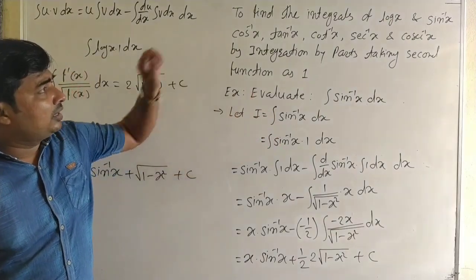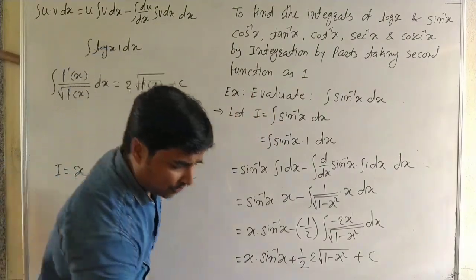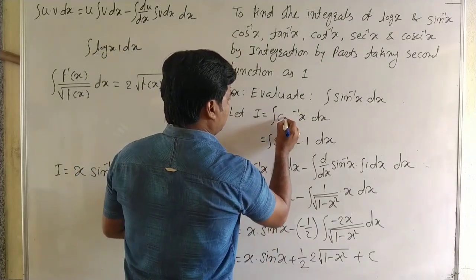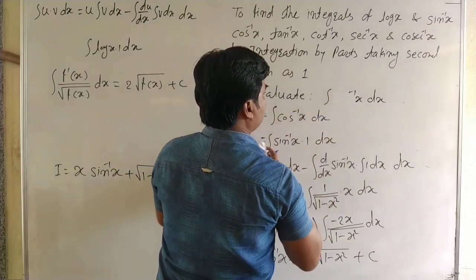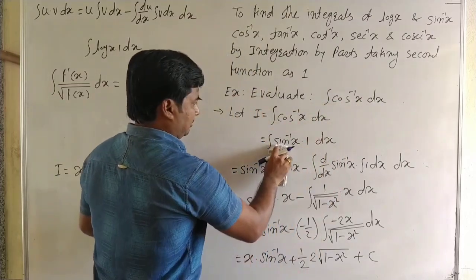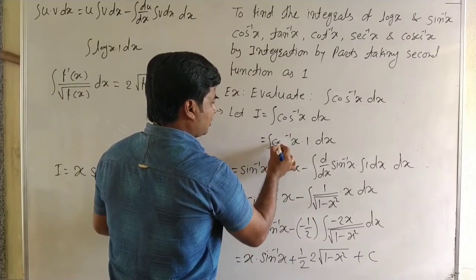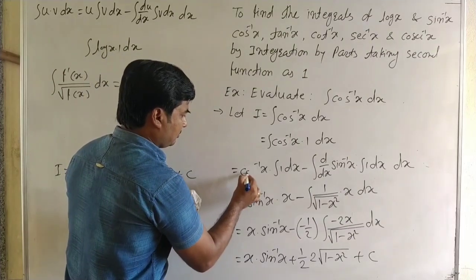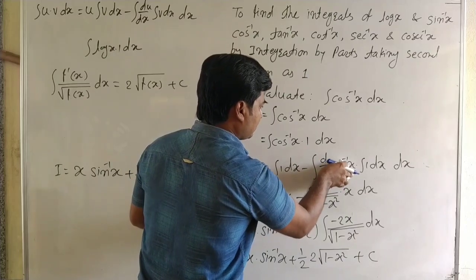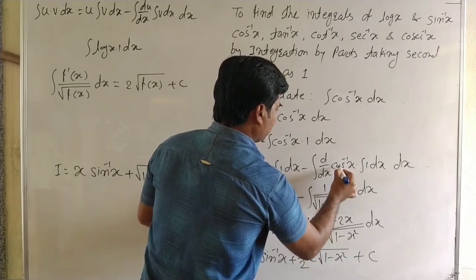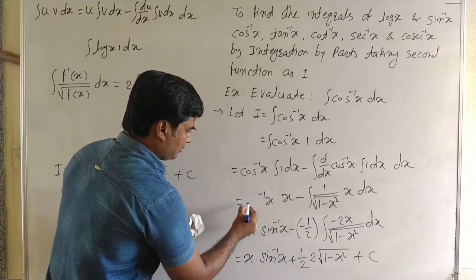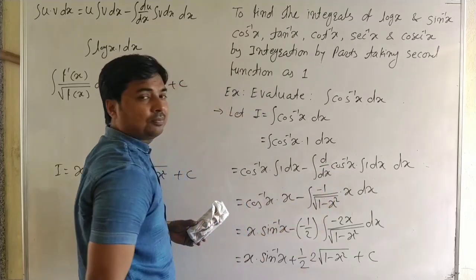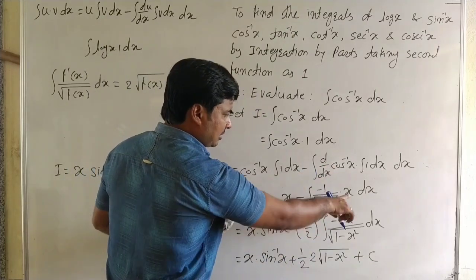Now we can find the integral of cos inverse x. Taking the second function as 1, we get cos inverse x into x, and the derivative of cos inverse is minus 1 upon under root 1 minus x square.